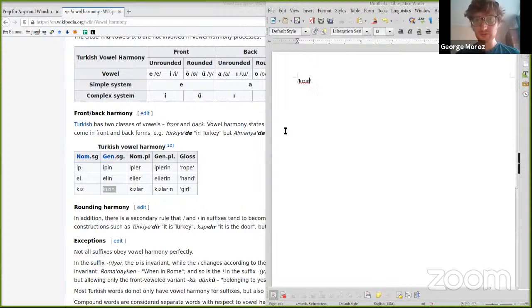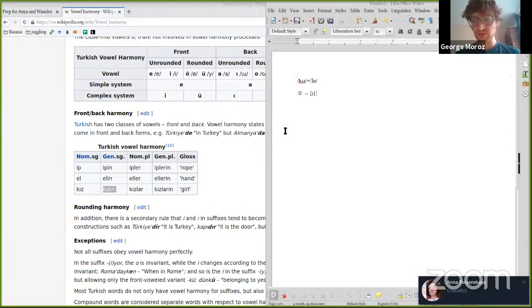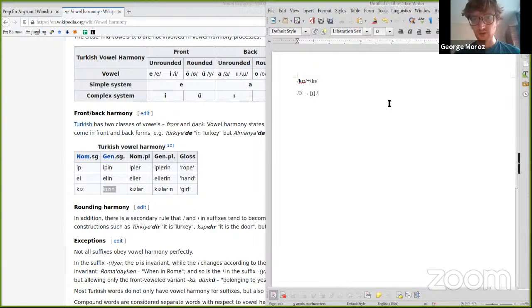So we have kız plus some unspecified feature and then n. And when we spell it out, we know that this becomes this in the context of back, maybe this is plus back.